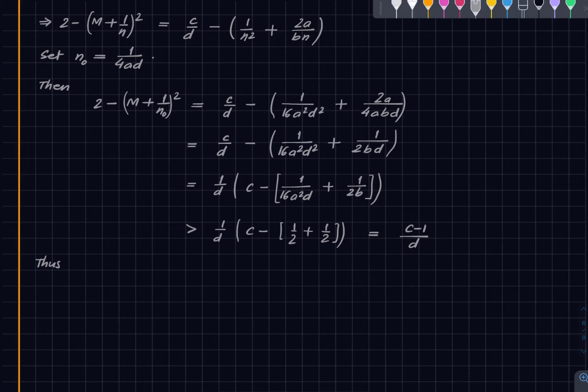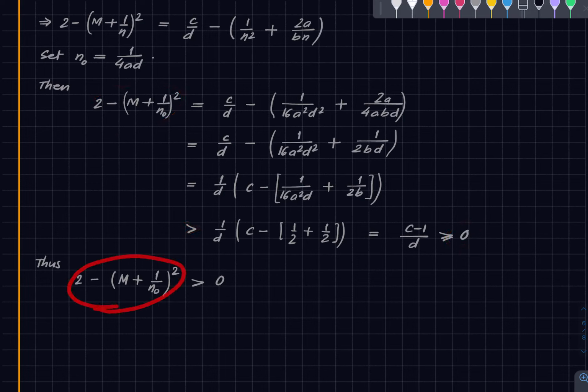So therefore, this is greater than 0, because this is at least 0. C is after all a positive integer, so this is at least 0. D is also a positive integer. So this thing is strictly greater than 0 because there's a strict inequality appearing along the way.